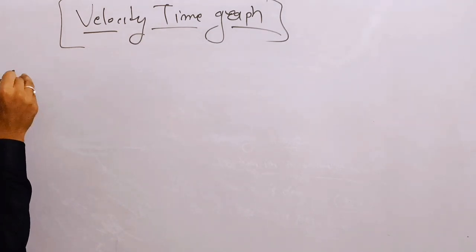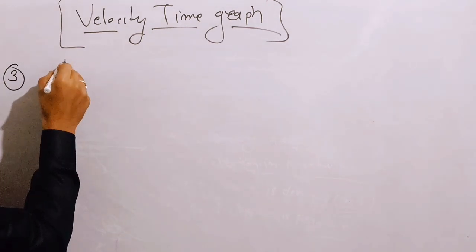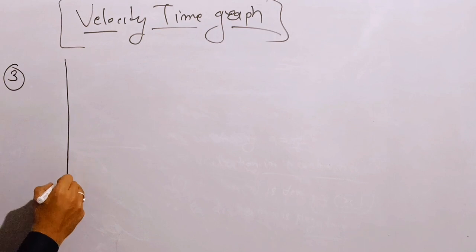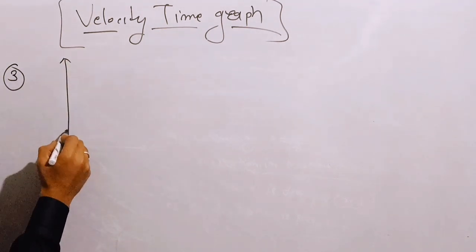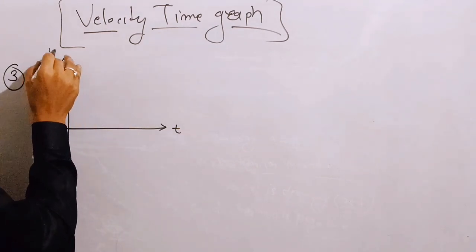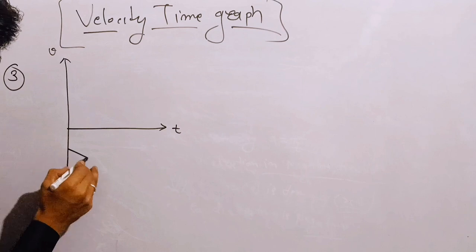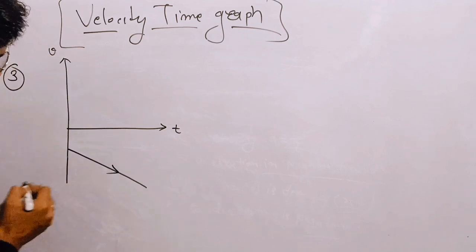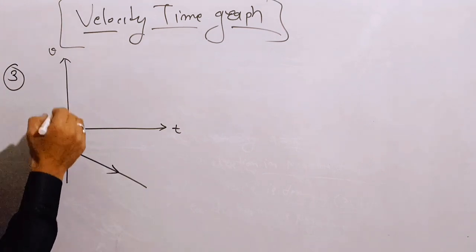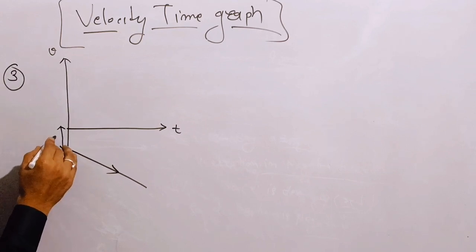And the third graph. In the third graph, this is v and this is t, time, and this is v velocity. Then this is the constant acceleration line, and this is u.